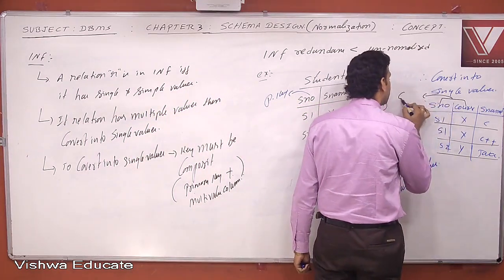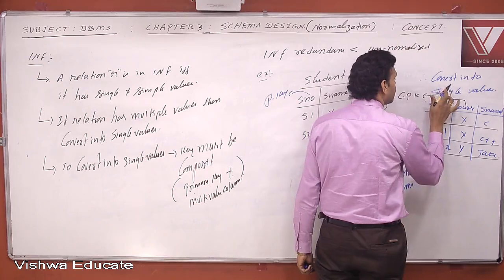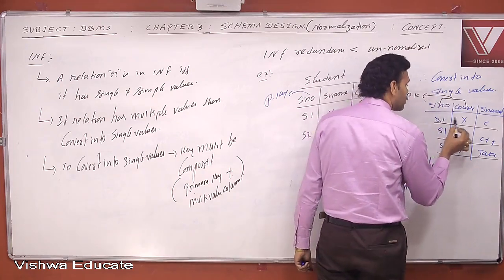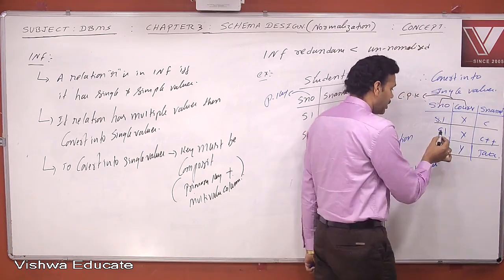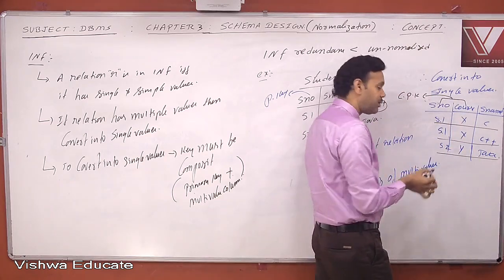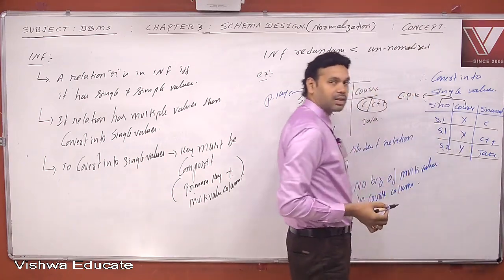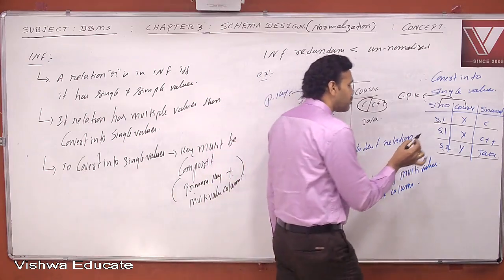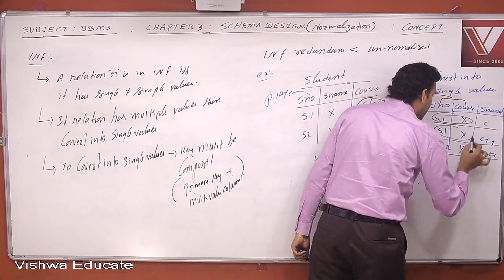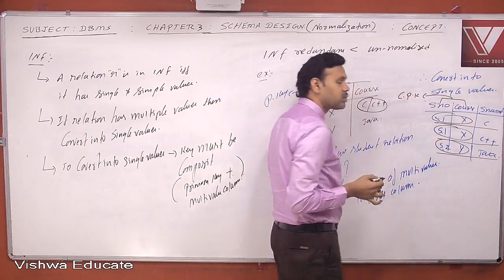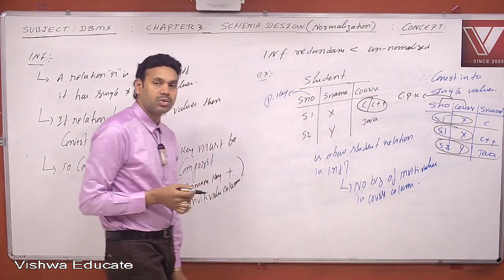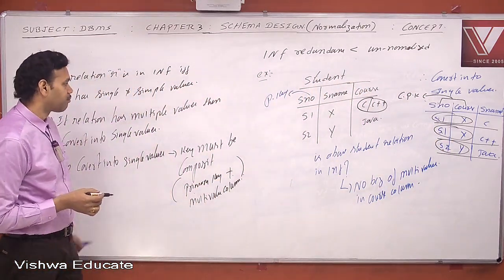Now this is your composite primary key. S1 X is a unique value, S1 X is another unique value, S2 Y is another unique value. This time we see the uniqueness among tuples of SNO and course combination. Okay, just copy this.